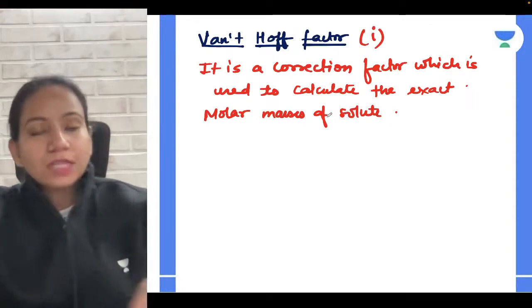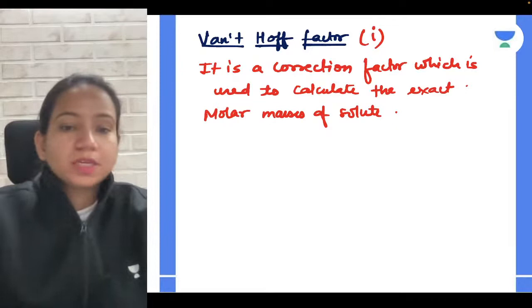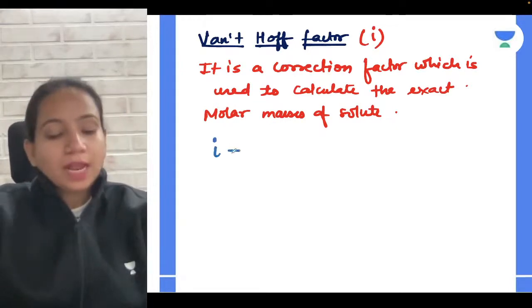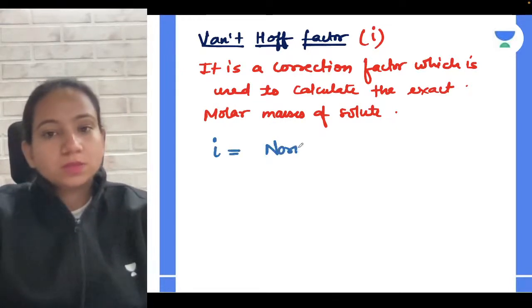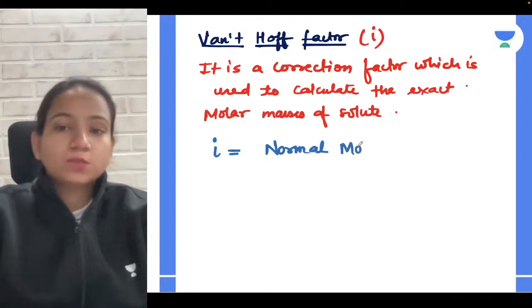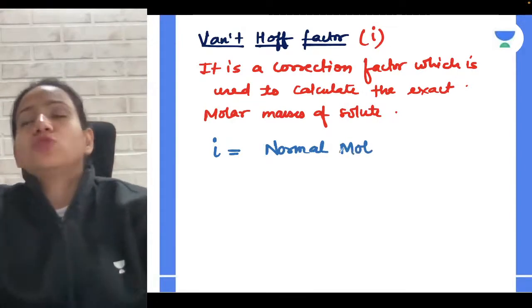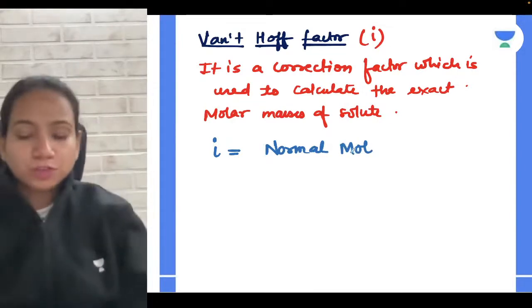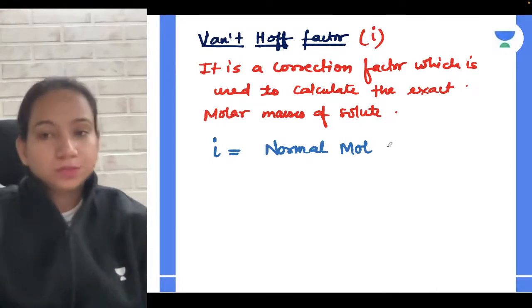How do you calculate it, guys? Let's discuss how we can calculate i. We can calculate i once we know the normal molar mass. Suppose NaCl: we know its normal molar mass is 23 plus 35.5, but experimentally you are getting a different value.